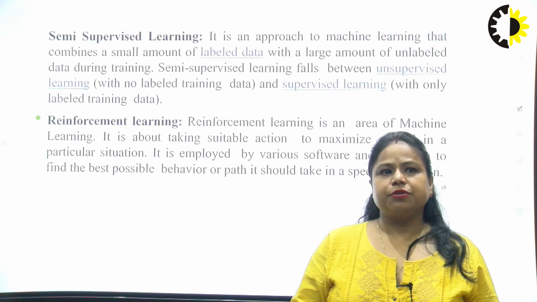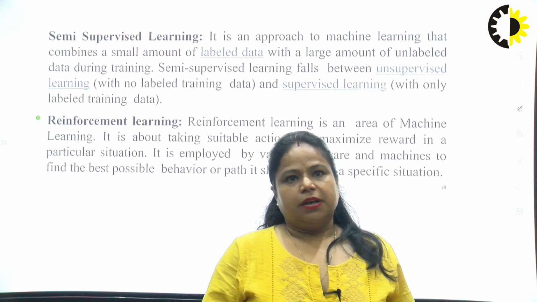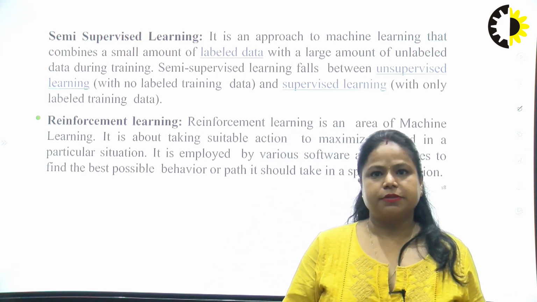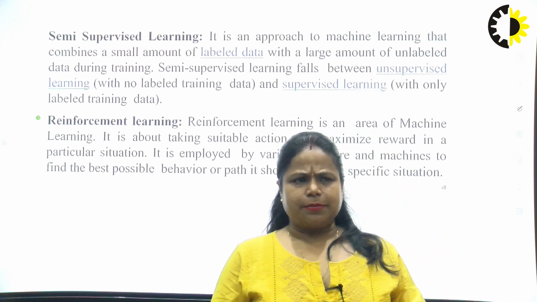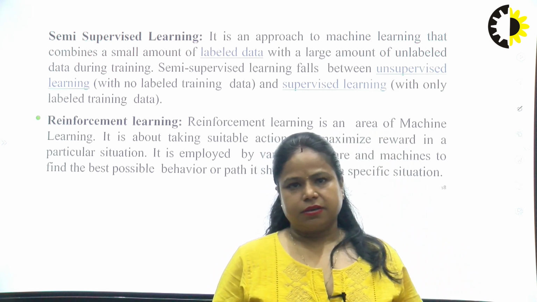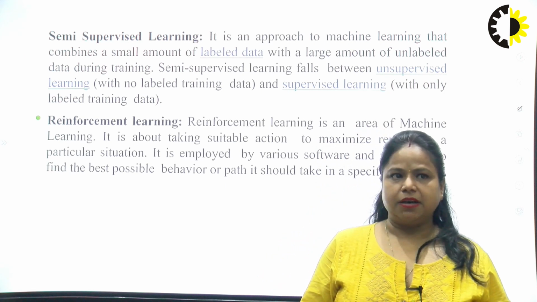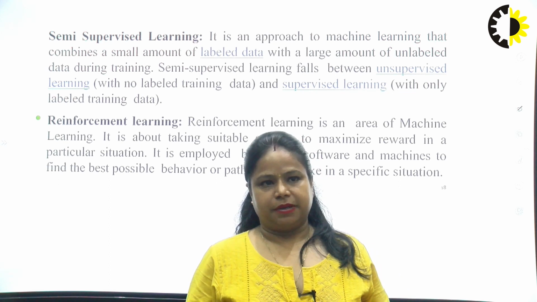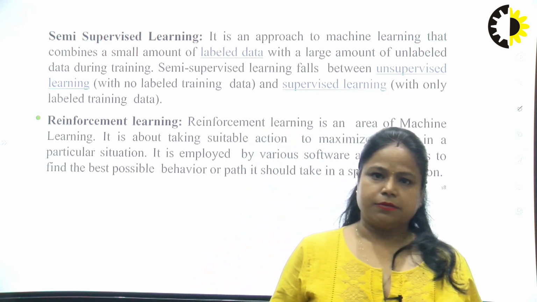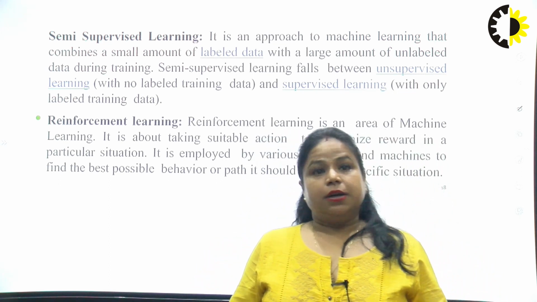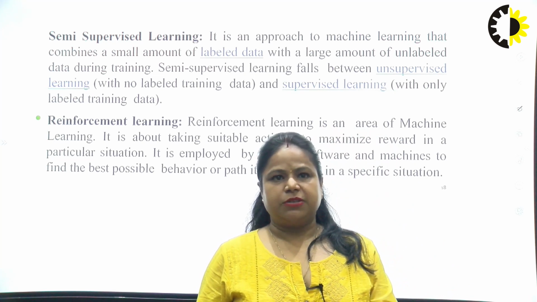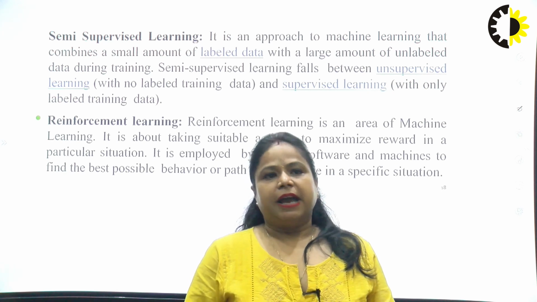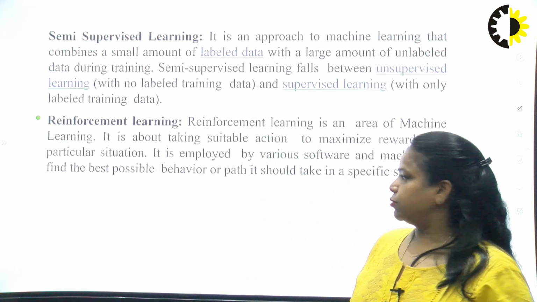Next, we are going to talk about semi-supervised learning. This approach is a combination of supervised and unsupervised. Some part of the data is already trained, so we have labeled data, and some part of the data is unlabeled, or unsupervised. So semi-supervised falls between supervised and unsupervised learning. And last, we are going to talk about reinforcement learning.